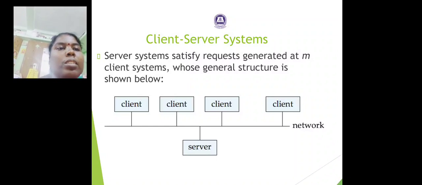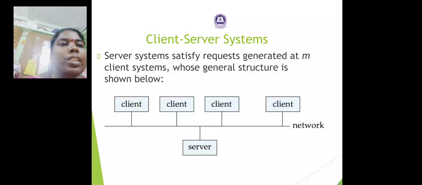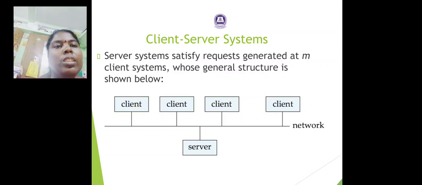A server system satisfies requests generated at m client systems, whose general structure is shown in this figure. A single server satisfies the requests of m client systems, and the client and server communicate through the network.